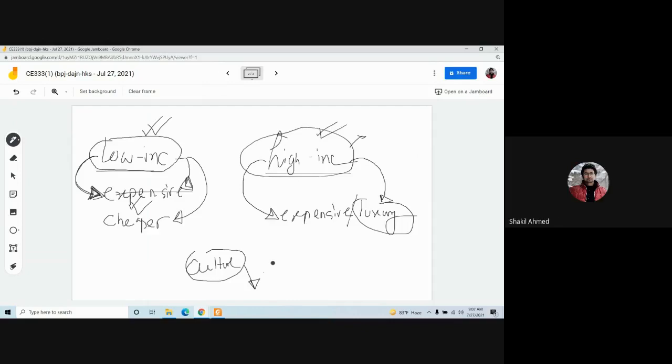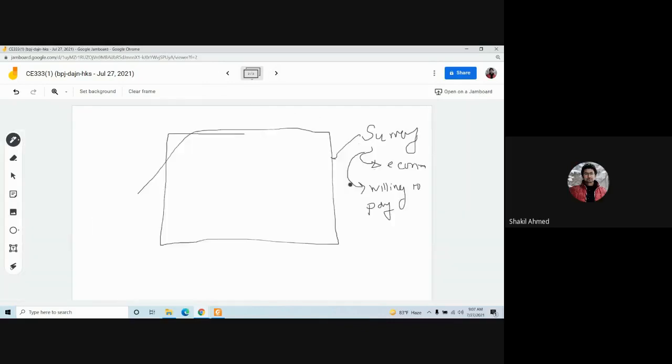So that means you need to know through the survey their culture, their social conditions, and social norms. These things are very important.